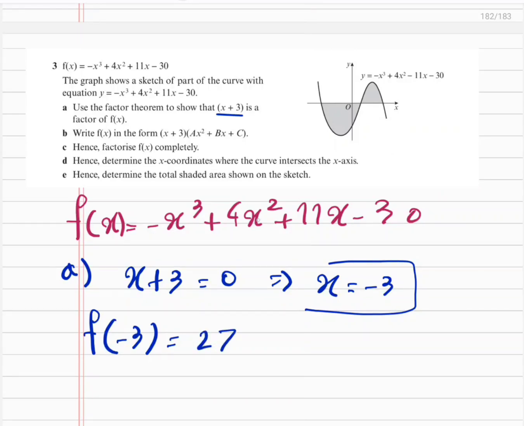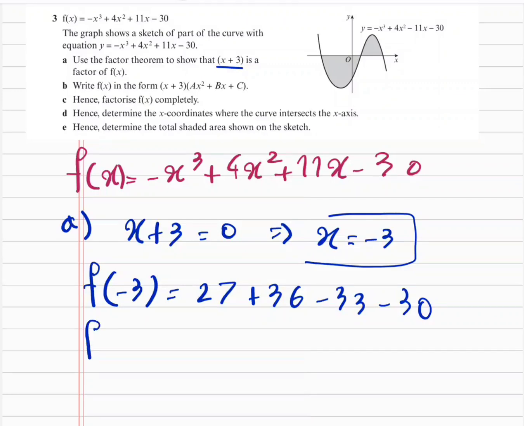And then here 3 squared is 9 times 4 is 36, and in this part -3 times 11 is -33, and finally just -30 at the end. So when we add all of these, we just get 0, right? So that's just the proof of that. Basically, this is a factor.